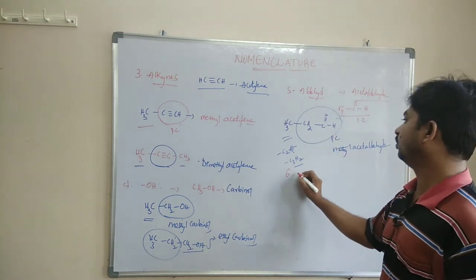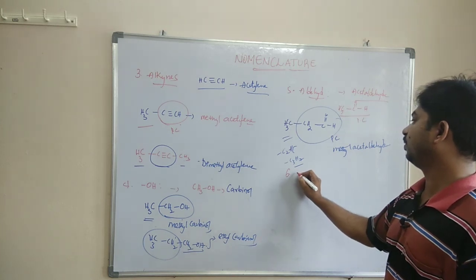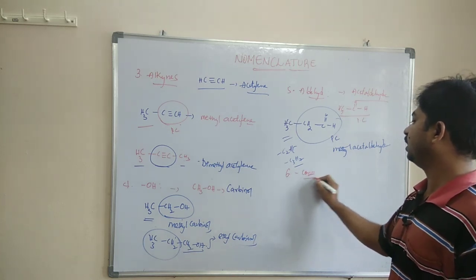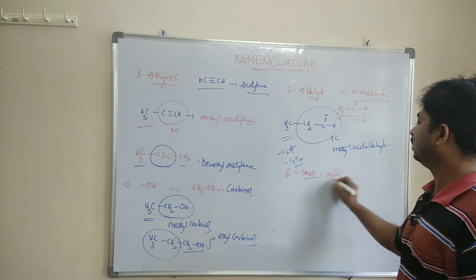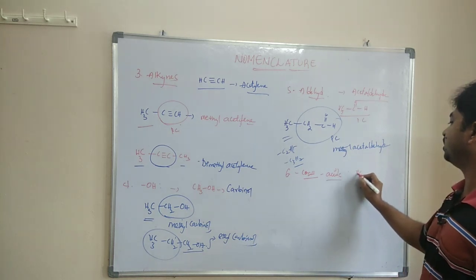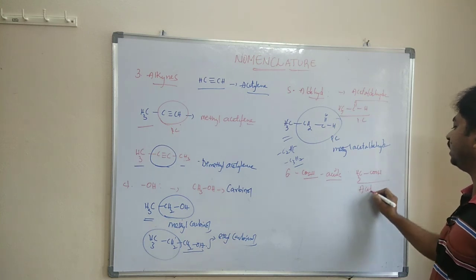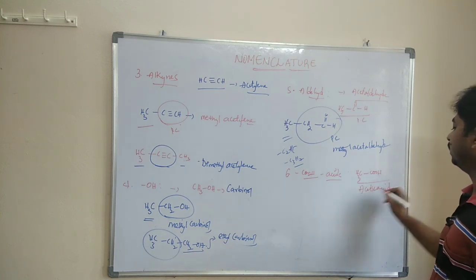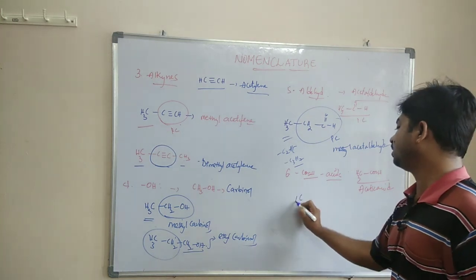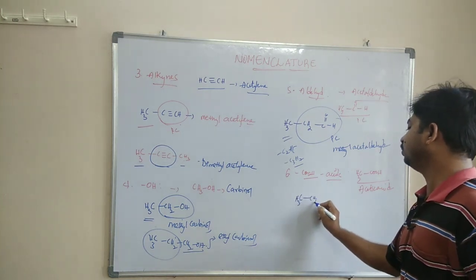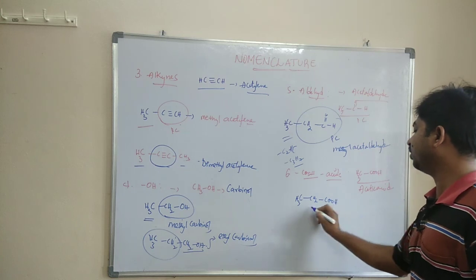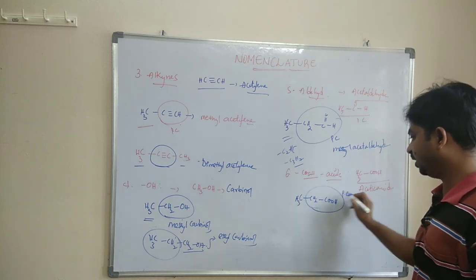Next, COOH acids. The famous homologue is CH3 COOH. The name of this one is acetic acid. Examples: CH3 CH2 COOH. What is the name of this one? It is the parent chain.